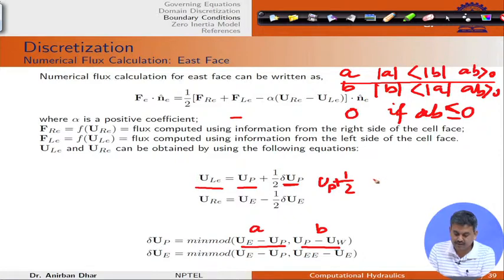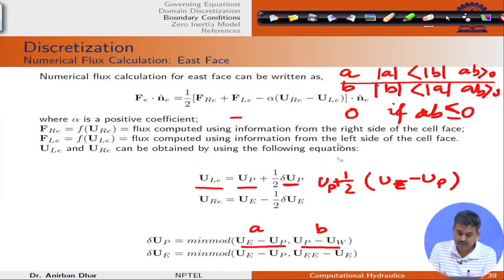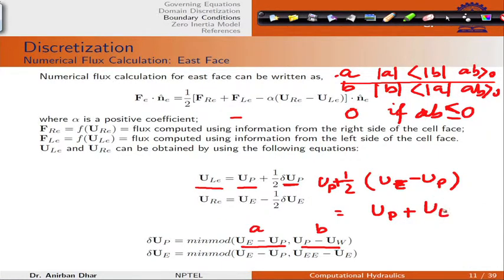plus half of u_E minus u_P, because we have the first condition. So, for the first condition, this is u_P plus u_E divided by 2.